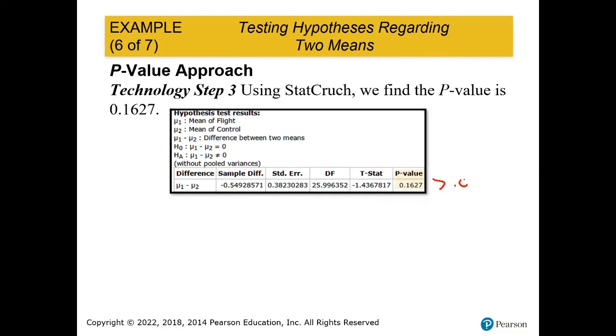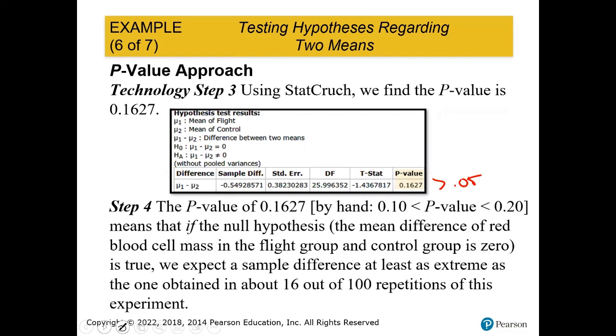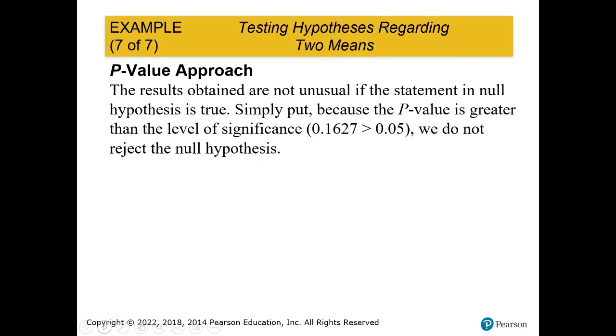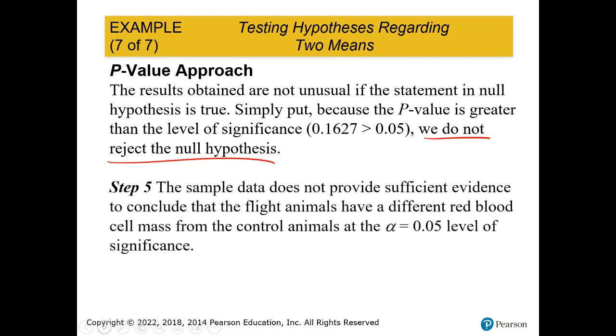The p-value is bigger than alpha of 0.05, so we are not going to be able to reject the null hypothesis. We do not have enough evidence to show that those flight rats had any different level in their blood cell mass than the control animals.